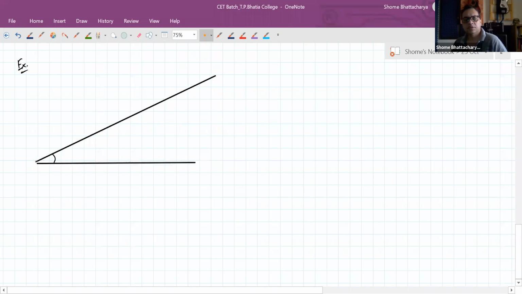There's an inclined plane of inclination 37 degrees.